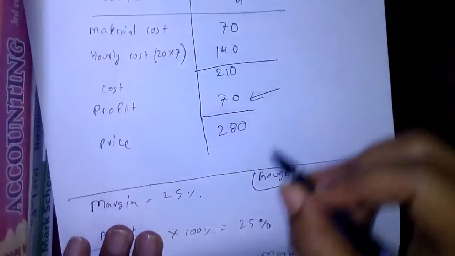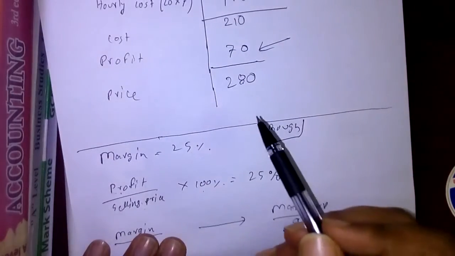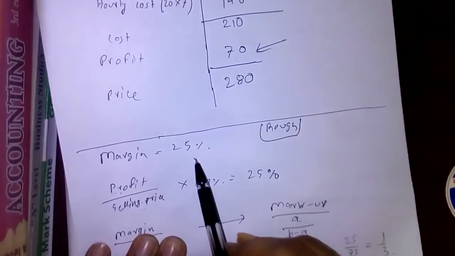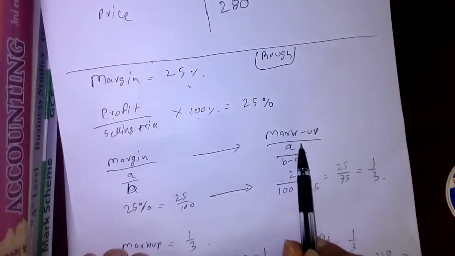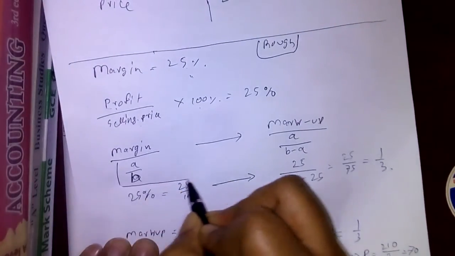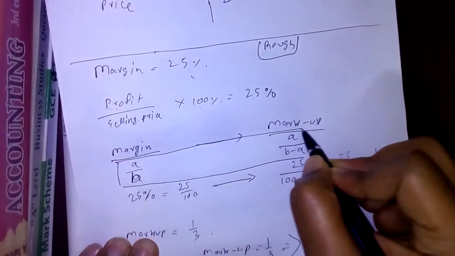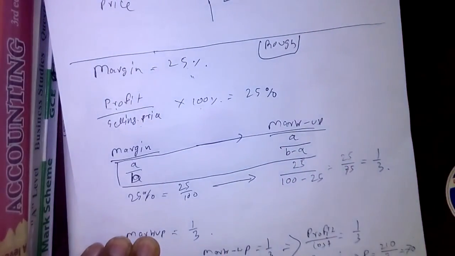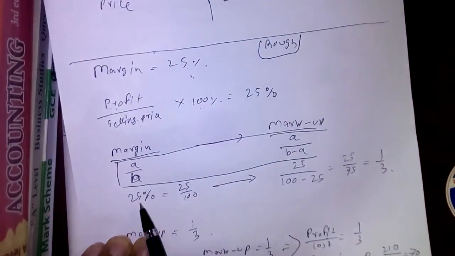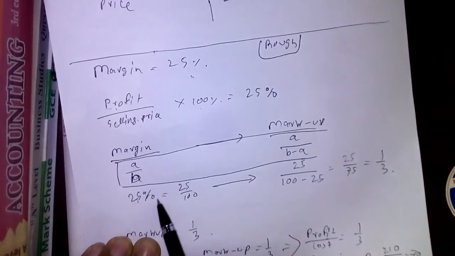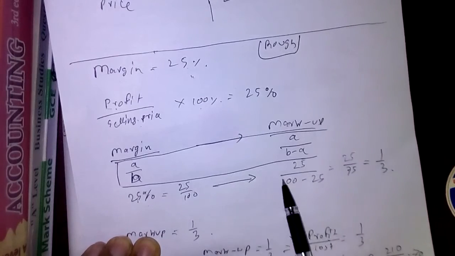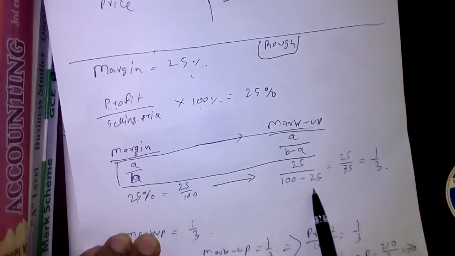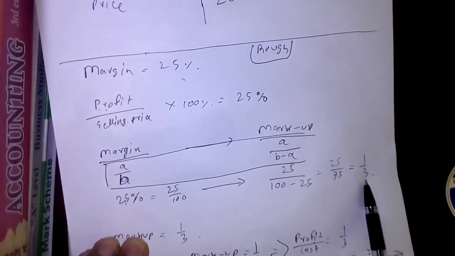All you have to do is, in the question, margin is given. From margin, you're gonna convert margin to markup using this particular formula, that A by B is equal to A by B minus A. So we know if margin is 25%, that is 25 by 100, markup will be 25 by 100 minus 25, which is ultimately 1 by 3.